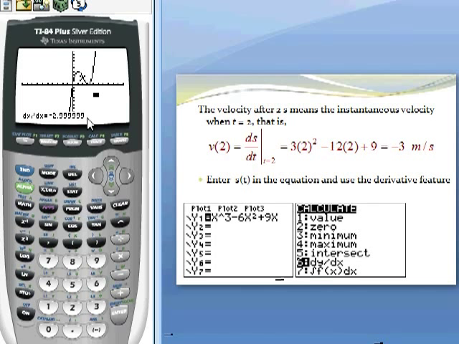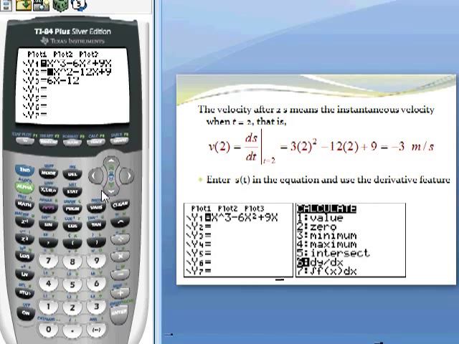The second way of doing this with the graph is you can enter the velocity function in there by taking the derivative by hand and make this inactive by pushing enter. And now remember, I'm looking at the value of the velocity at 2. So instead of taking the derivative, you can actually go to second calculate.